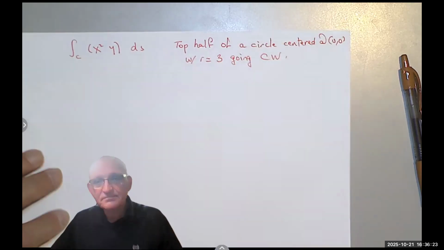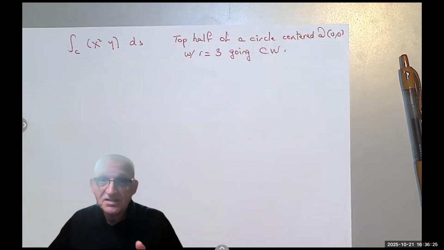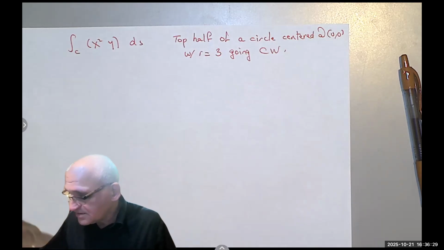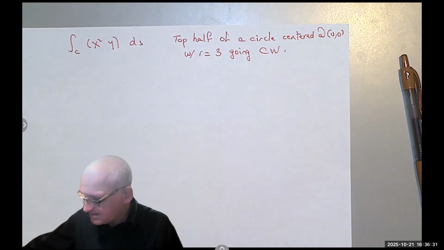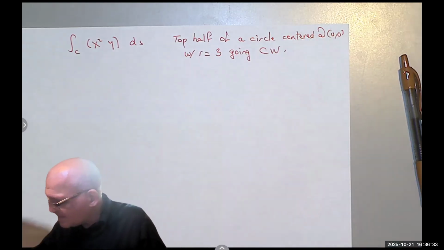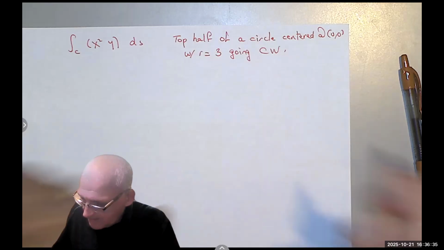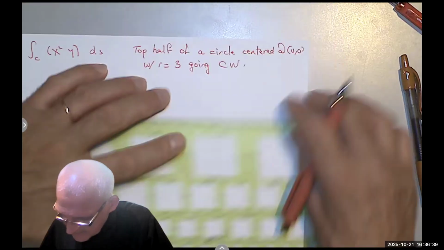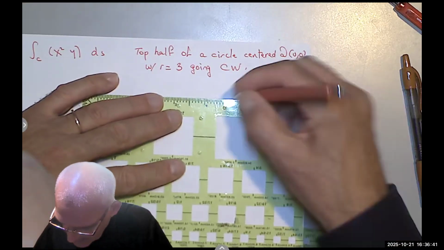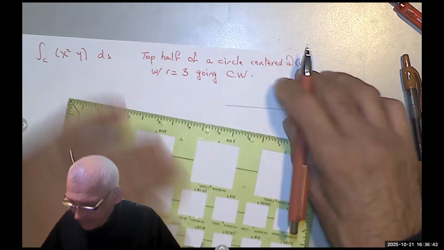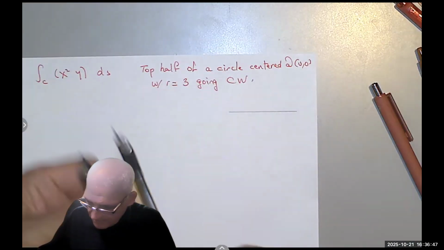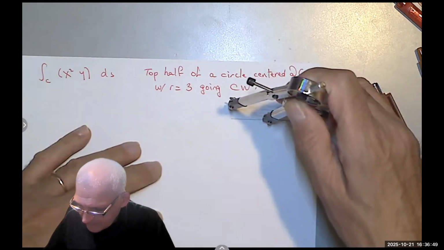clockwise. Notice in parametric equations, whether you're going clockwise or counterclockwise can make a big difference, at least in the sign, positive or negative. But what we have here is something that looks like that, the curve that you are going to integrate over.